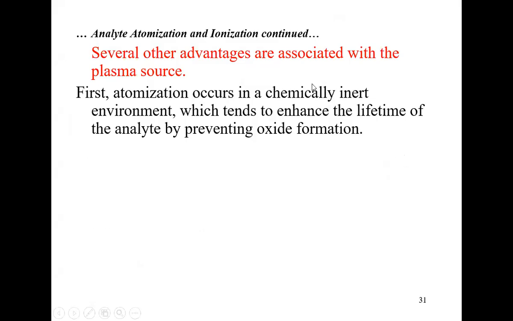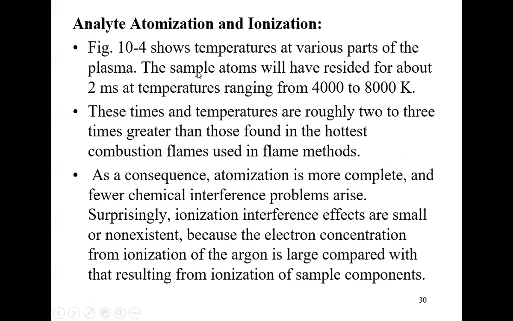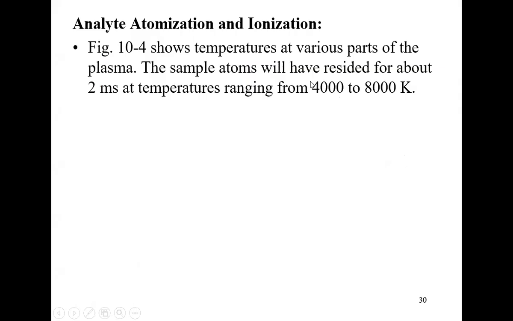So I want to go back so that we see. This figure here that we have seen shows the temperature at various parts of the plasma, and the sample atoms would have resided for about 1 millisecond, 2 milliseconds at temperatures ranging from 4,000 to 8,000 Kelvin. So the sample itself, millisecond, is 1, 2.